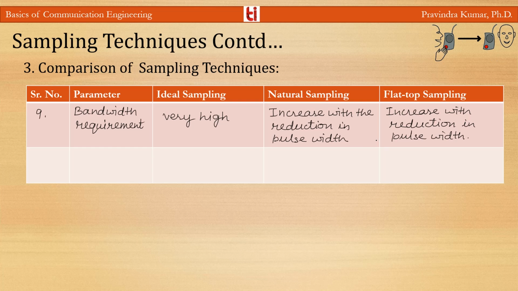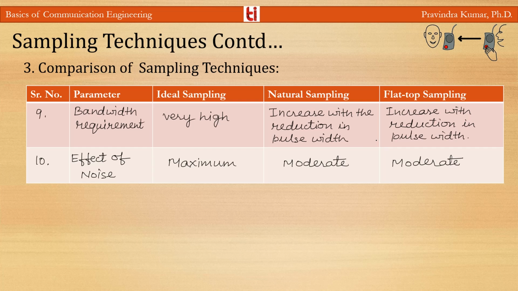Also in flat top sampling, the bandwidth requirement increases with a reduction in the pulse width. And for the effect of noise, in ideal sampling the effect of noise is maximum, and in natural sampling it is moderate, and also in flat top sampling the effect of noise is moderate.